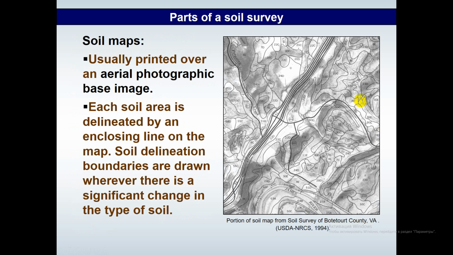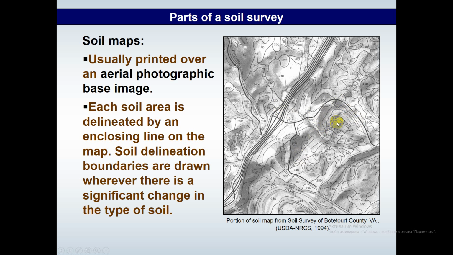Now we consider soil maps, usually printed on an aerial photographic base image. Each soil area is delineated by an enclosing line on the map.